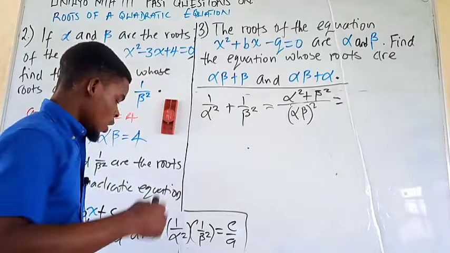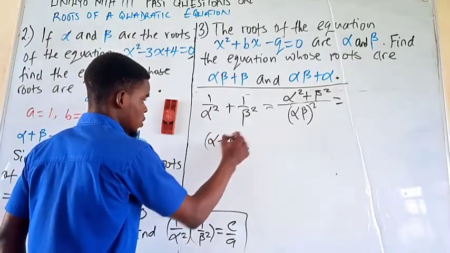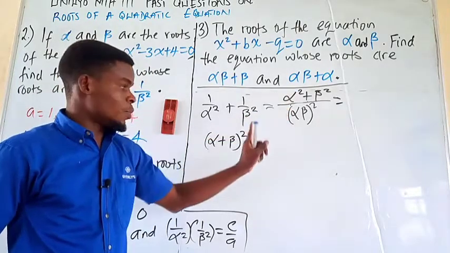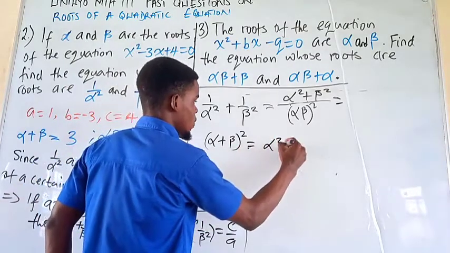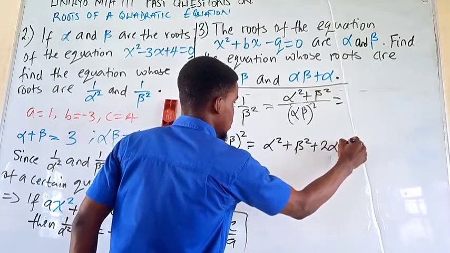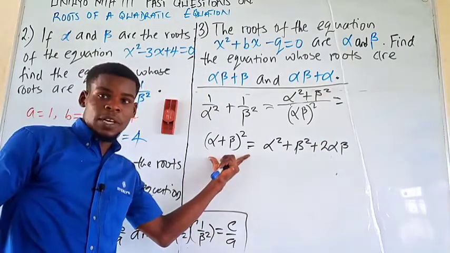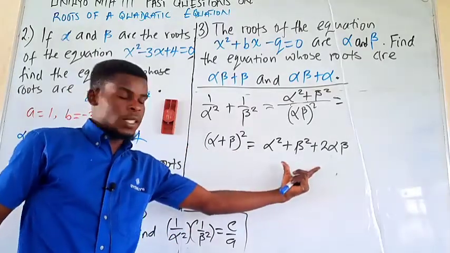Now, if we have alpha plus beta and we square that, I want to write an identity for this. This is the same thing as alpha squared plus beta squared plus 2 alpha beta. If you want to expand this, either using binomial expansion or just writing it twice and multiplying them, this is what you end up with.